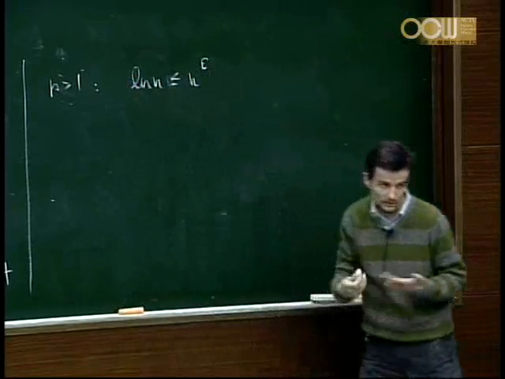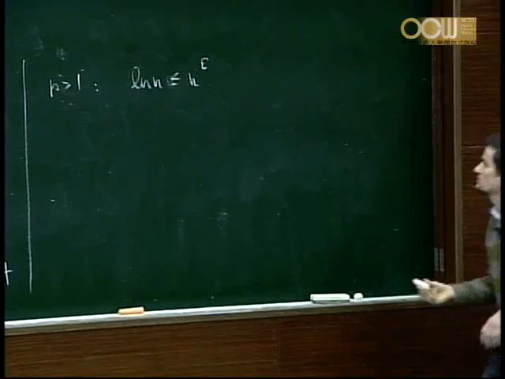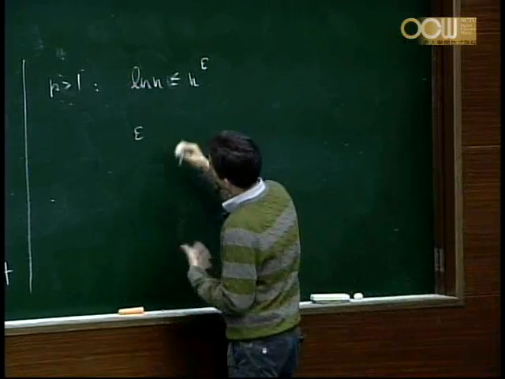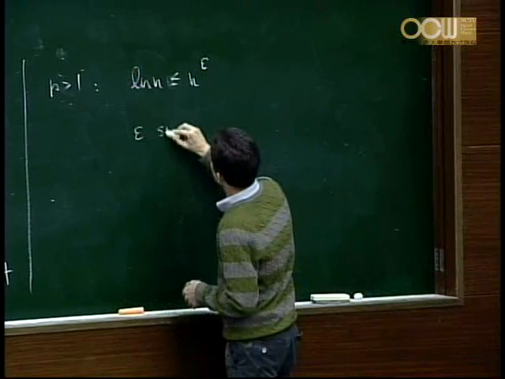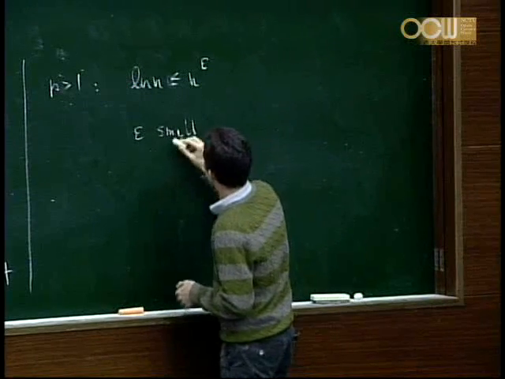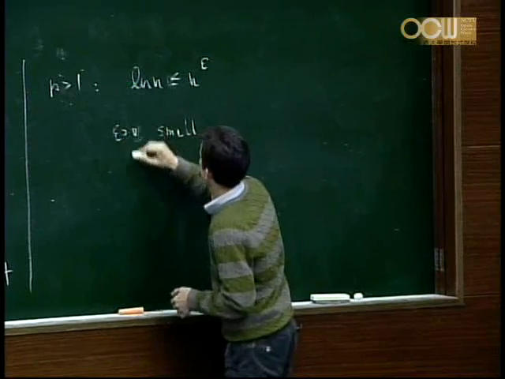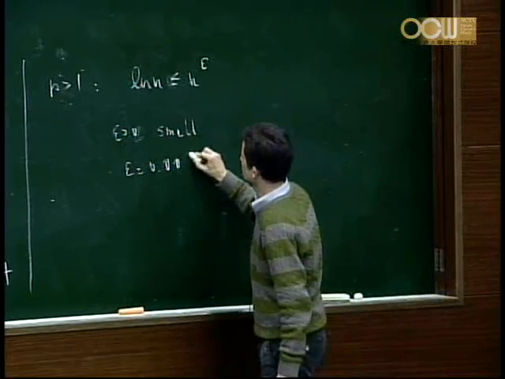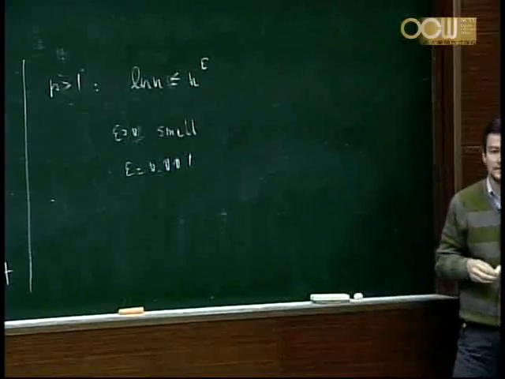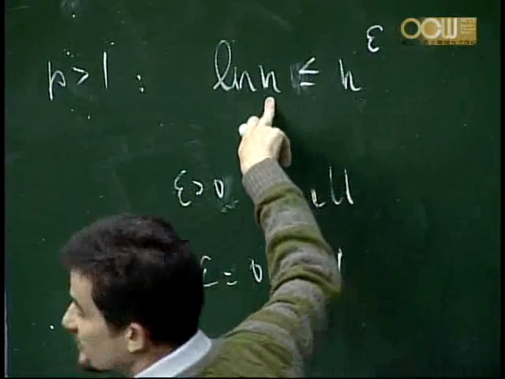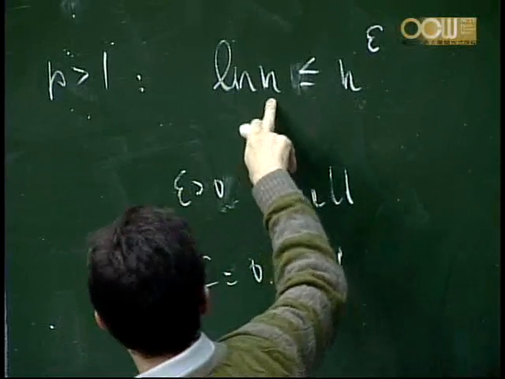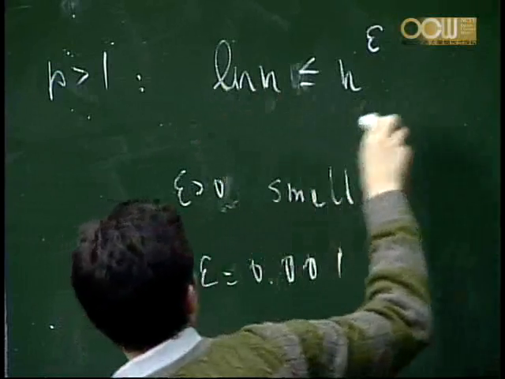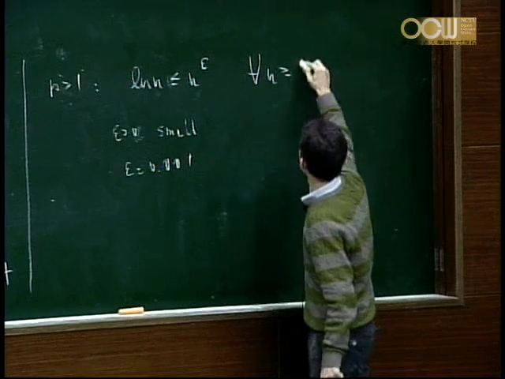So for instance, fix any epsilon, as small as you wish, but of course larger than 0, for instance 0.001 or something like this. Because this function grows to infinity slower than any power function, you certainly have ln n smaller or equal than n to the epsilon for all n large enough.